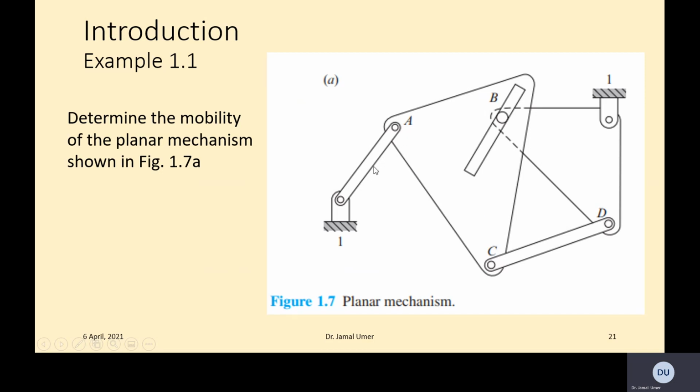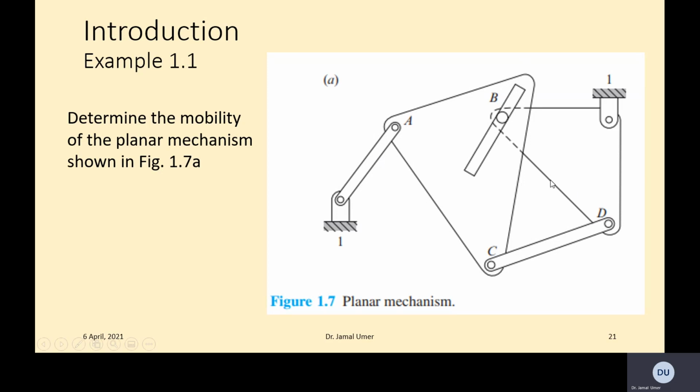So you see the shape is like that. It has some links. For example, this is a link, this is a link, this is a link, and there are joints as well, which we need to identify. So the first step is you need to identify how many links and joints there are, and it's always good practice to write on the diagram: this is one of the links, this is another link, and write down what the joints are, J1, J2 or something like this.